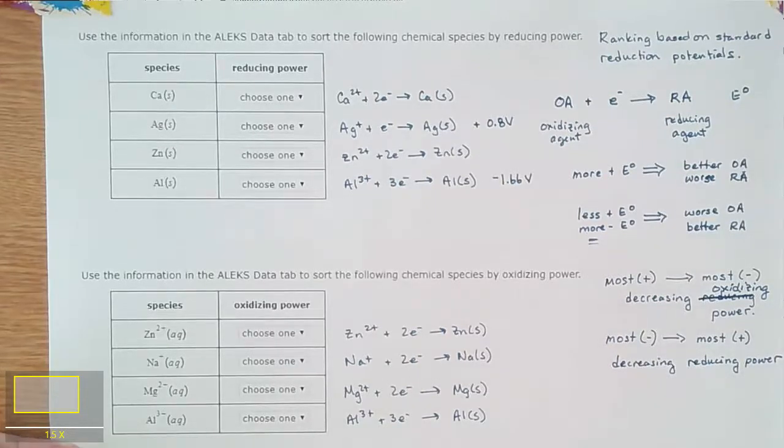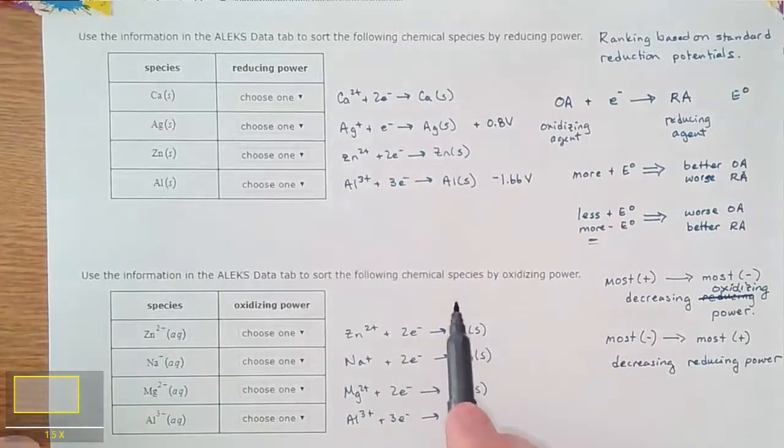So the best reducing agents are going to be associated with the most negative voltages. The best oxidizing agents will be associated with the most positive reduction potentials.